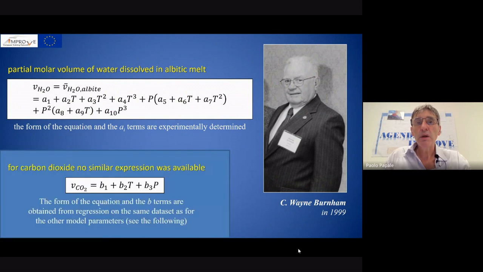This is the form that was employed at the end. It is extremely simple, and it involves only a linear dependence in temperature and pressure, and only 3 parameters indicated with the symbol B that are calibrated from the database.